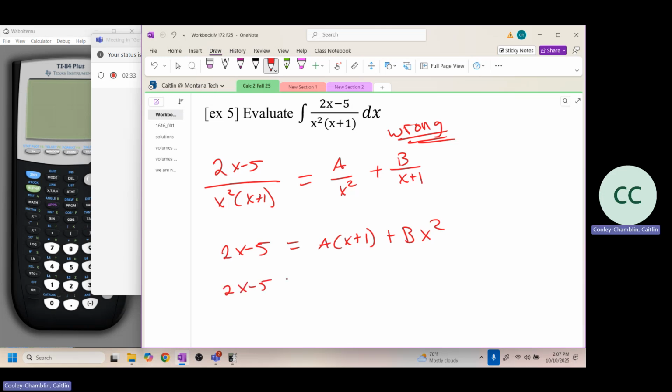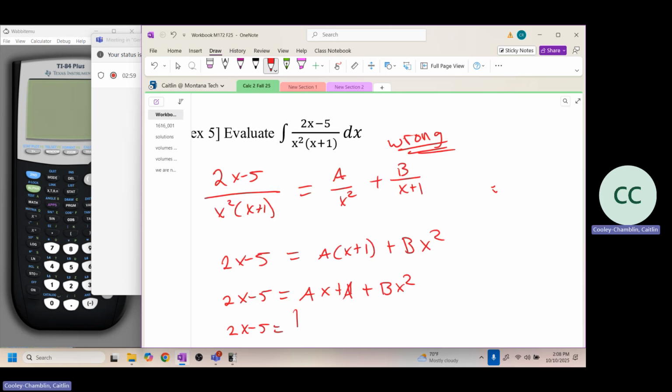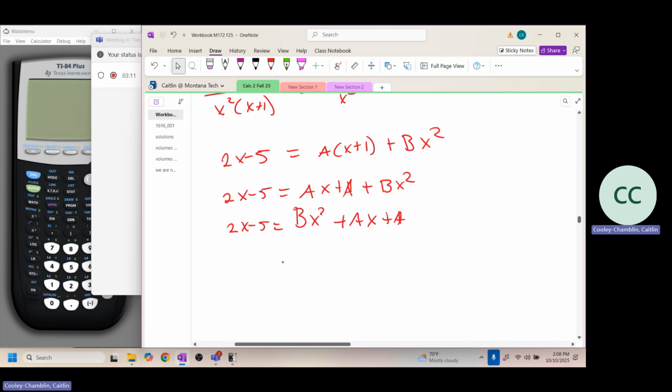So 2x minus 5 equals Bx squared plus Ax plus A. And if we solve this, again, this is wrong, the number in front of x is A, so I get A equals 2.